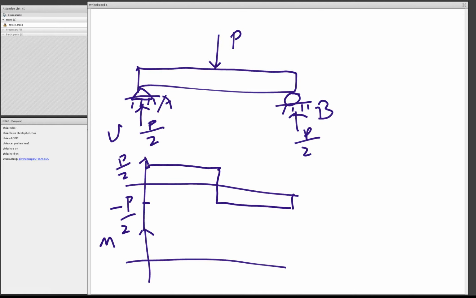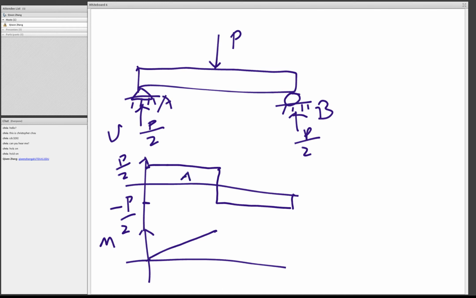So it starts at 0, and then it increases linearly because the moment diagram is just the integral of the shear diagram. The shear diagram is a horizontal line. Then if you take the area, it becomes a linear function, right? So it goes up like this, and this value is just this area here.